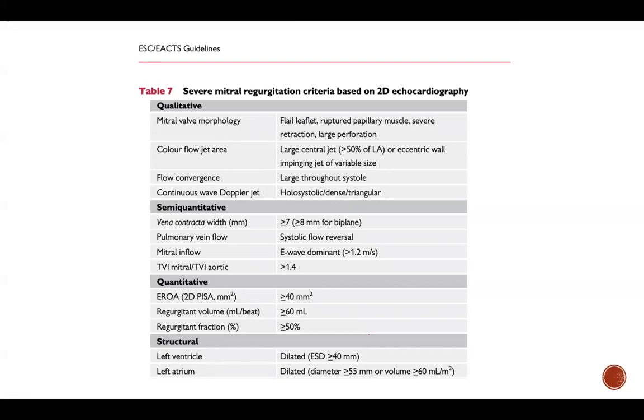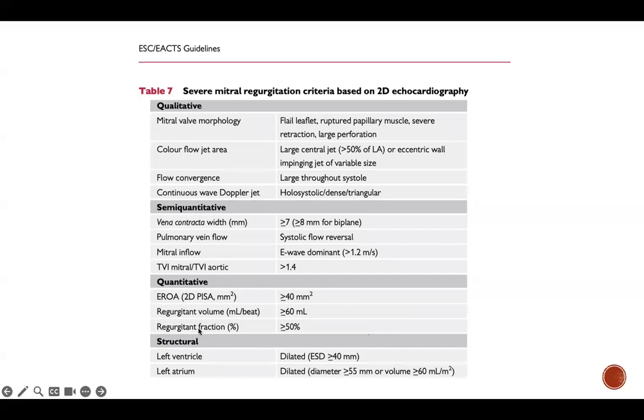In the mitral inflow, if you have a dominant E wave more than 1.2, although this is not specific, it might have a good negative predictive value. And then the quantitative measures are the effective regurgitant orifice area more than 40 millimeters squared, the regurgitant volume more than 60 ml, and the regurgitant fraction more than 50%.